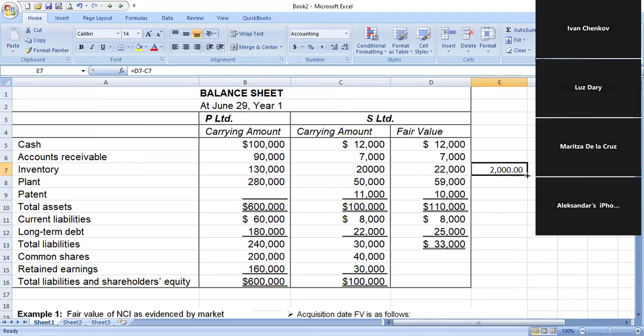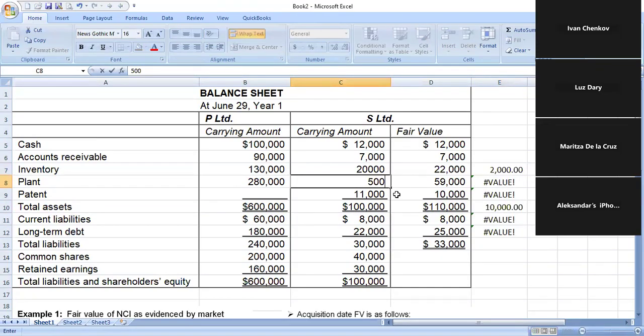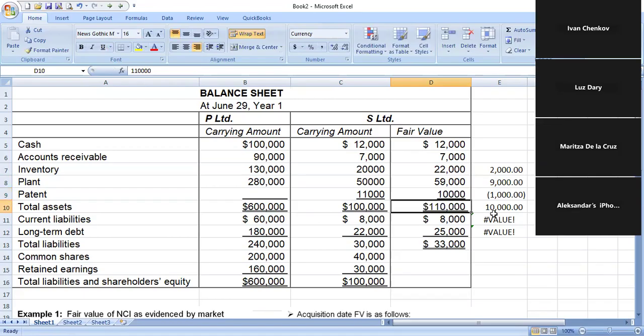Can you guys see it? Then we're going to have an increase in the plant of $9,000. Then we're going to have a decrease in the patent of $1,000. Then there's nothing here. And this one will be the last one. Then we have an increase in the liability of $3,000.